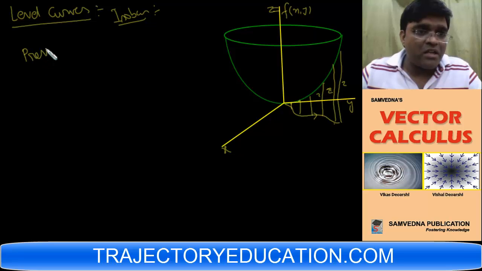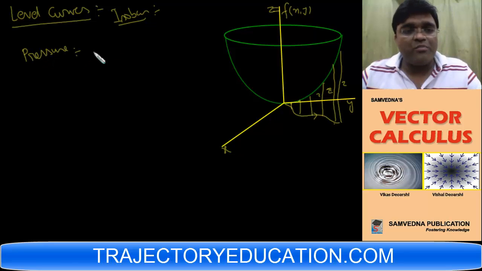See, if I take an example of pressure, I want to study how pressure varies on the surface, say I am in Delhi, right? I want to know how pressure varies when I am moving in Delhi, right?